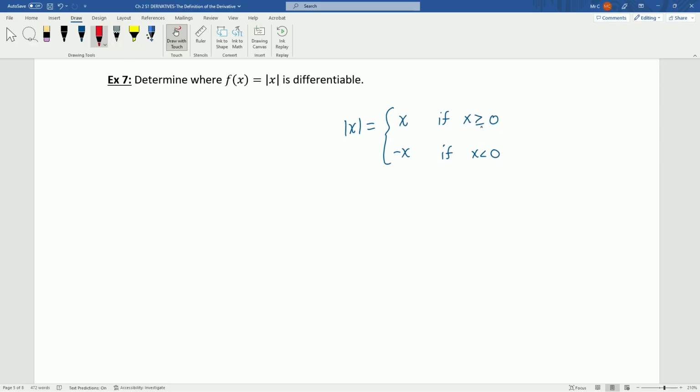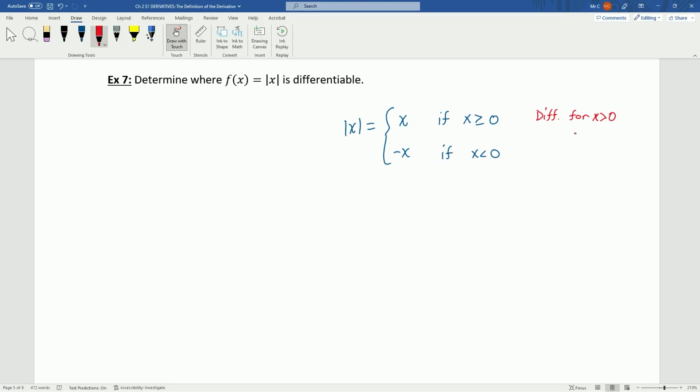So the crossover point is the concerning point of the absolute value here. The function y equals x is differentiable. That's very easy to work out with the definition of the derivative. I'm going to skip that part, right? But this is definitely differentiable for x greater than 0, which is a much easier derivative to take using our definition than the examples we've already done.